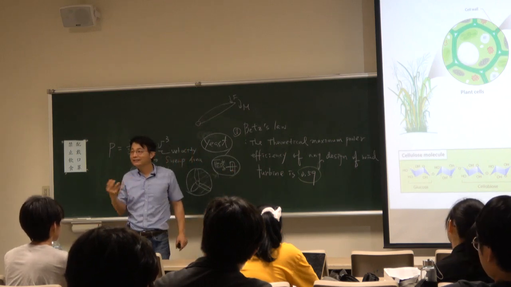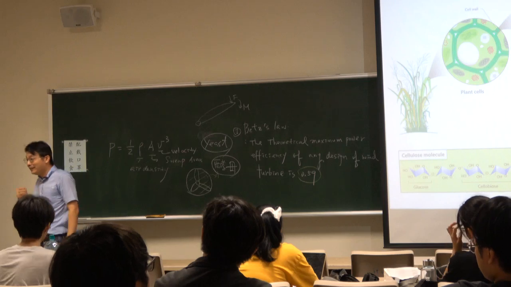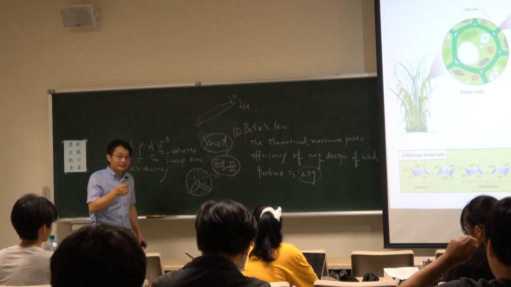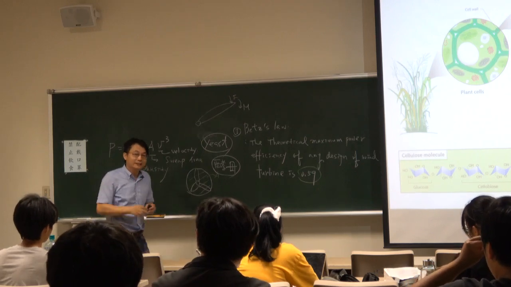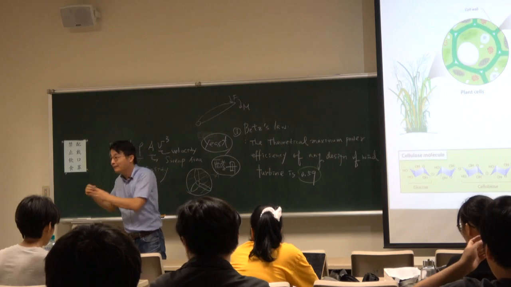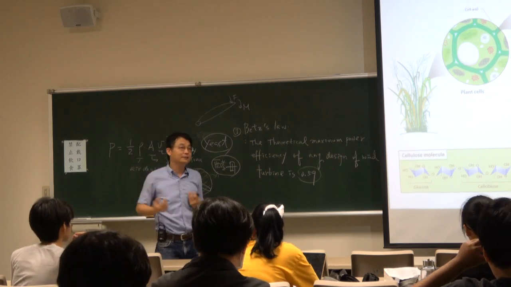Yeast is alive, right? So during the fermentation process, you need to add the yeast. So therefore, you can do fermentation for bread, for ethanol, for something else. All right.